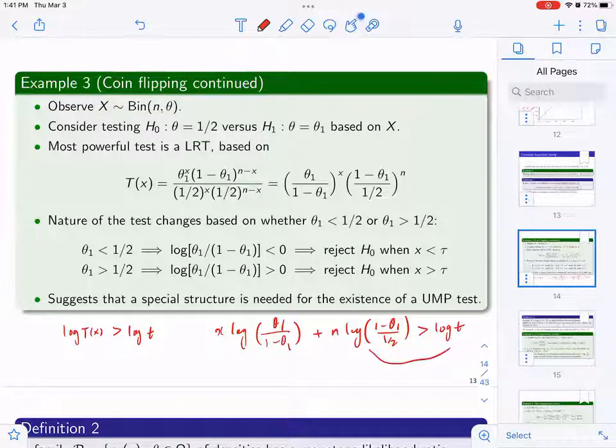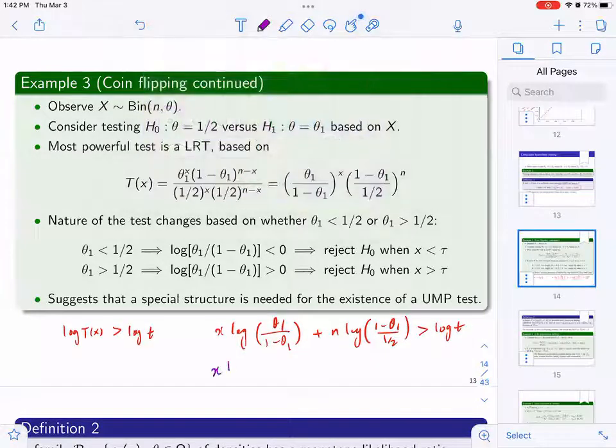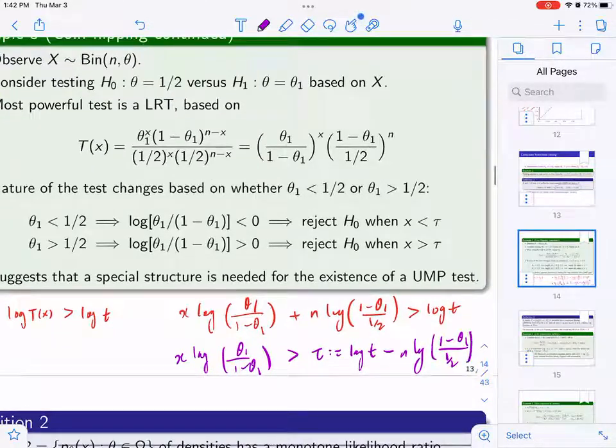Okay, and then I move this to the other side. I end up getting something like x log(theta 1 over 1 minus theta 1) bigger than, let's say, tau, which is log t minus n log((1 minus theta 1) over 1/2). I don't care about this particular form. It's just some constant.